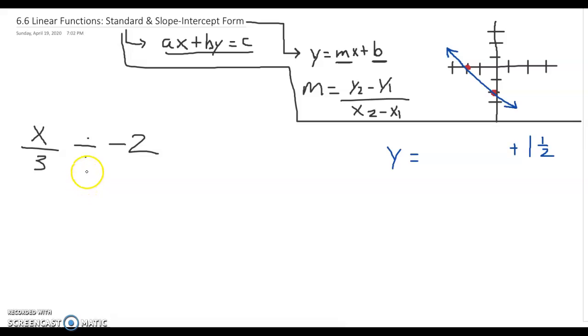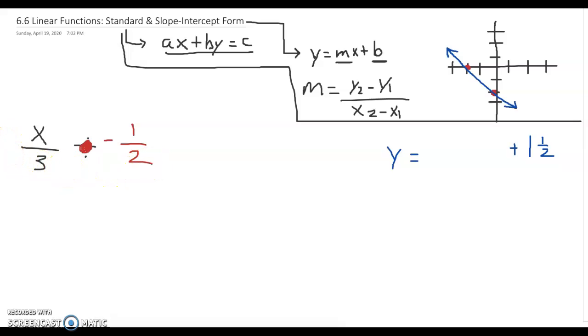We convert this into multiplication and flip this. Instead of 2 over 1, it is now simply negative 1 over 2. So then we'll just attack our problem.